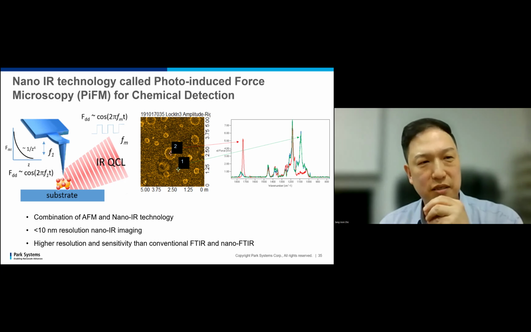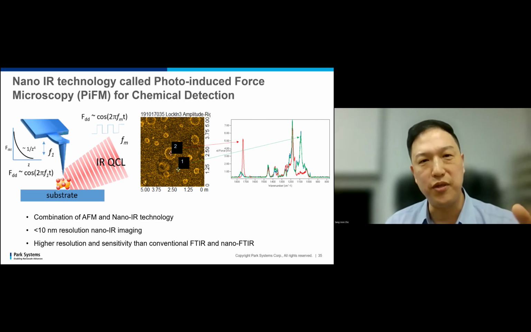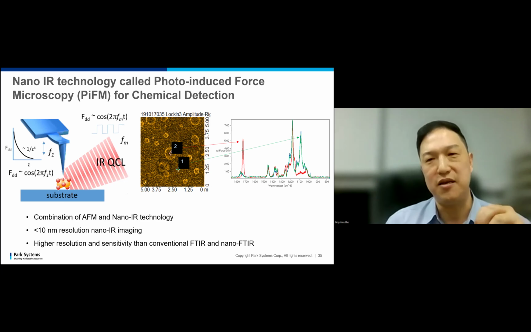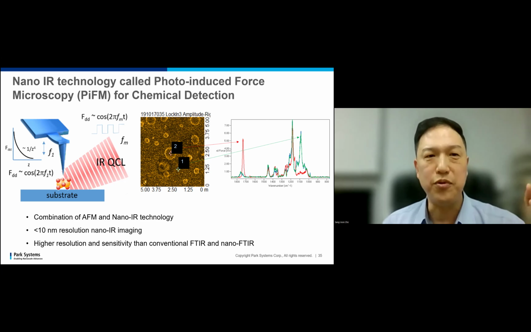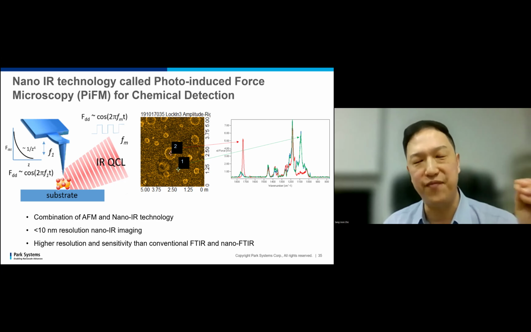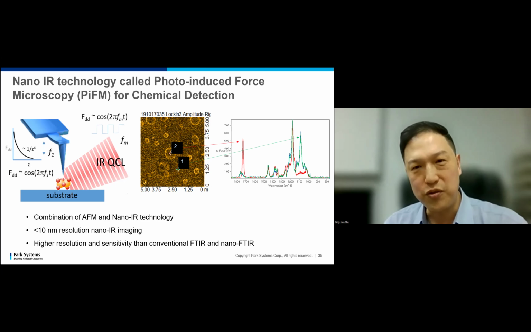This technique utilizes a metal-coated AFM tip with a tunable infrared laser. The metal-coated tip acts as a nano antenna and produces a tip-enhanced field at the apex of the tip. When the sample absorbs the tip-enhanced IR field, an attractive force, whose magnitude is proportional to the absorption strength, gets created between the tip and the sample.